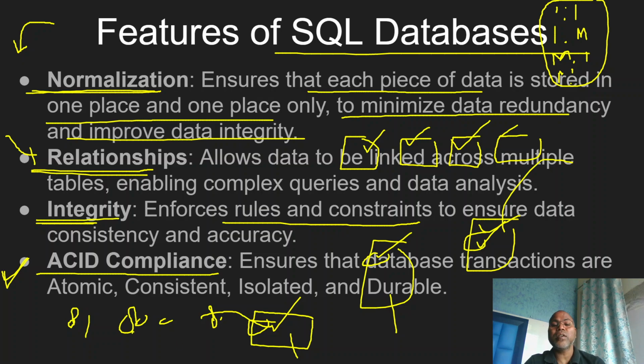No. Our system ensures that, hey, employee age is only greater than 18 and less than 60. Such constraints or rules you can apply on the database table. Those constraints are checks you can apply.